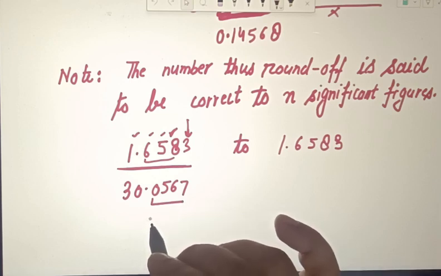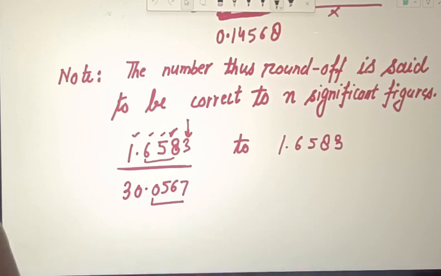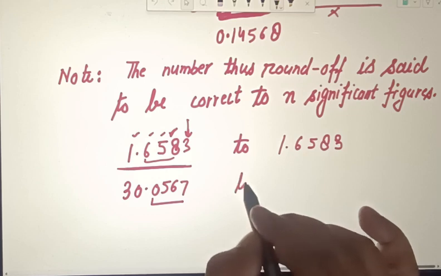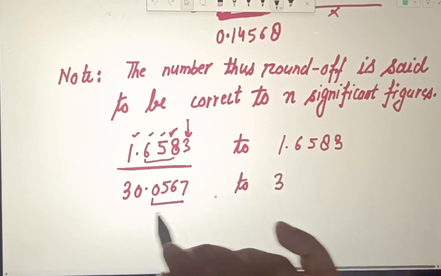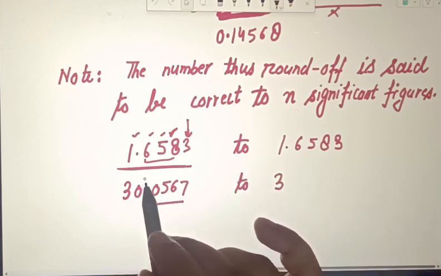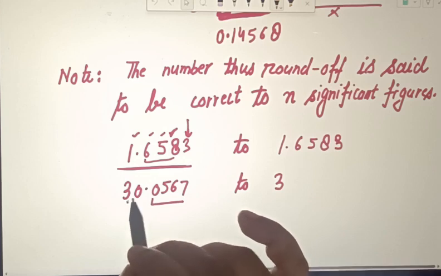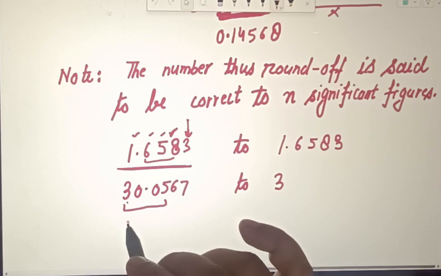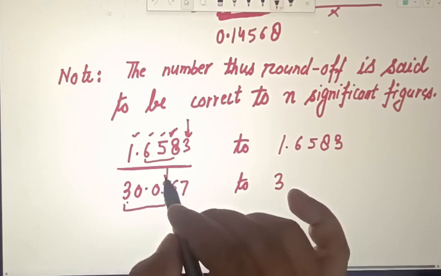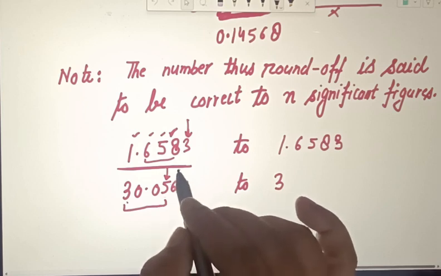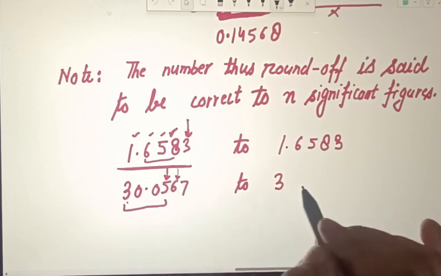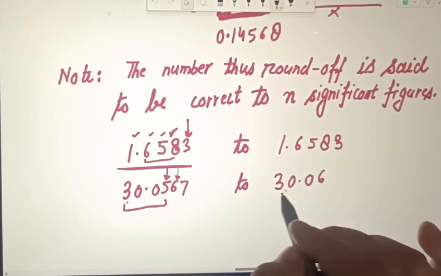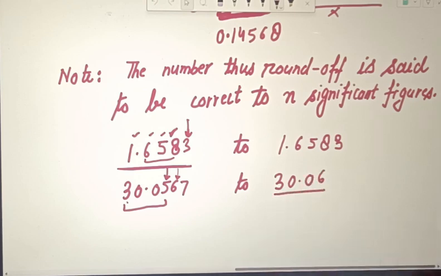So we need to round off this number to 4 significant figures. So you can write 30, okay. The 4 significant figures will be decided from here, exactly 30, and it is exactly half of the number, and this one is the even place, so it will be 30.06. These are 4 significant figures to represent this number.